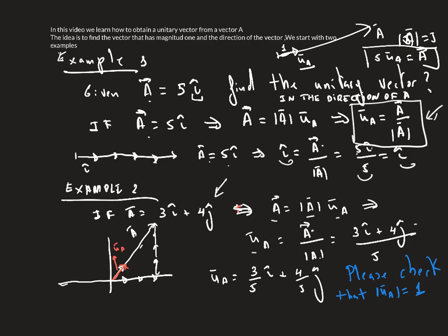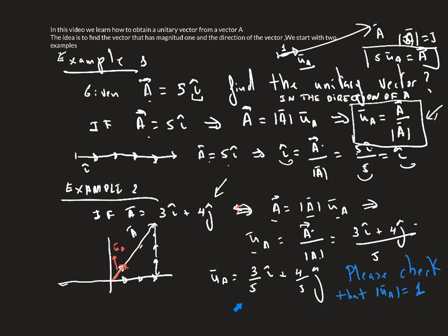The vector is 3i plus 4j divided by the magnitude. The magnitude is the square root of 3 squared plus 4 squared, 9 plus 16, 25, square root is 5. So the vector U sub A is 3/5 of i plus 4/5 of j.